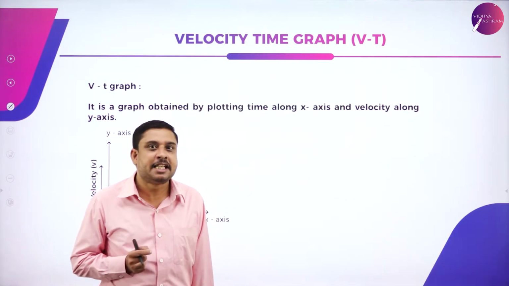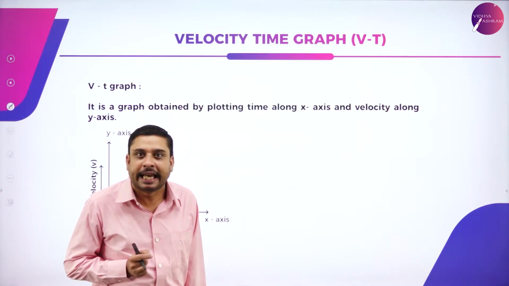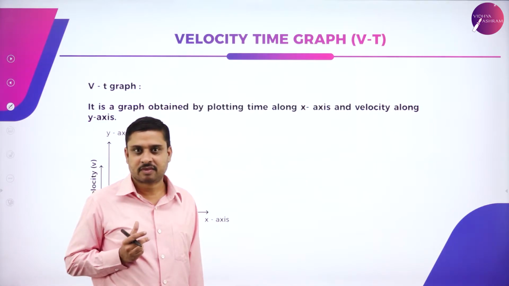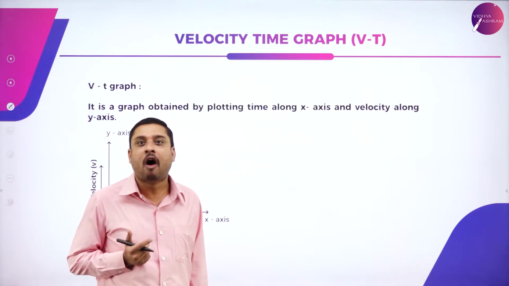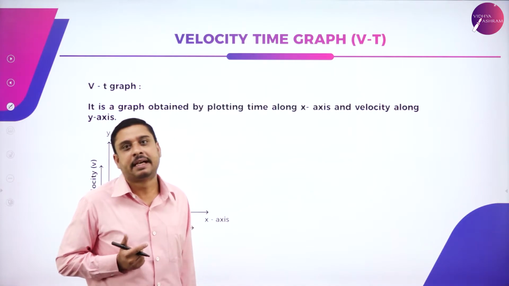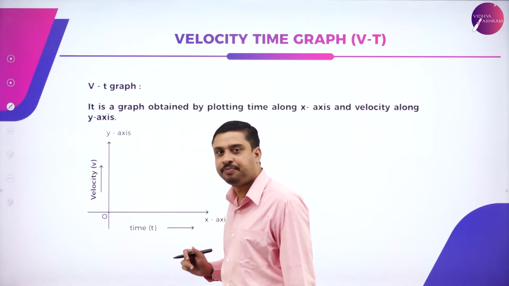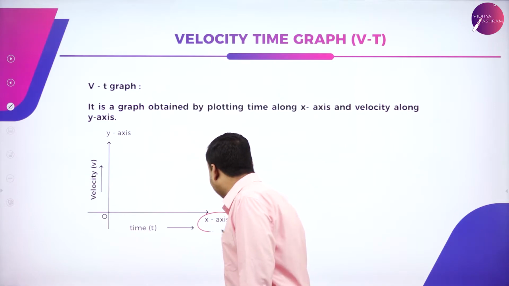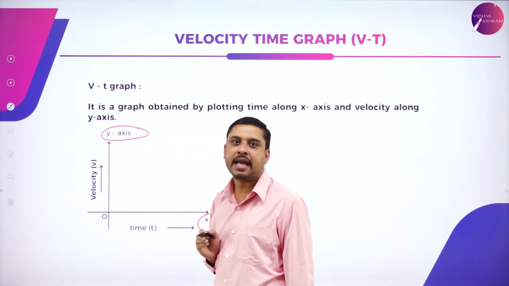My first part is to explain what actually is a VT graph. How do I understand something called a velocity time graph? If you observe this slide, I have a graph, again the x-axis and the y-axis.